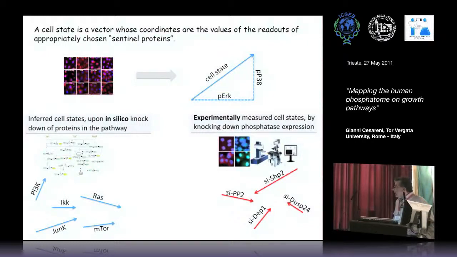So I compare my experimental cell state vector with the computed cell state vector, and I measure the vectorial difference, and I conclude that the computational cell state that is closer to my experimental cell state is pointing to the node that is a likely target of the phosphatase.